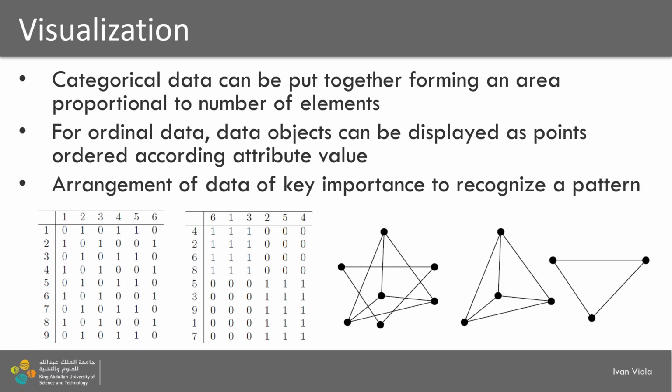For example, imagine we have categorical data with 6 attributes, abstractly named 1 to 6, and then we have our 9 persons, assigned an ID from 1 to 9 in some arbitrary way.